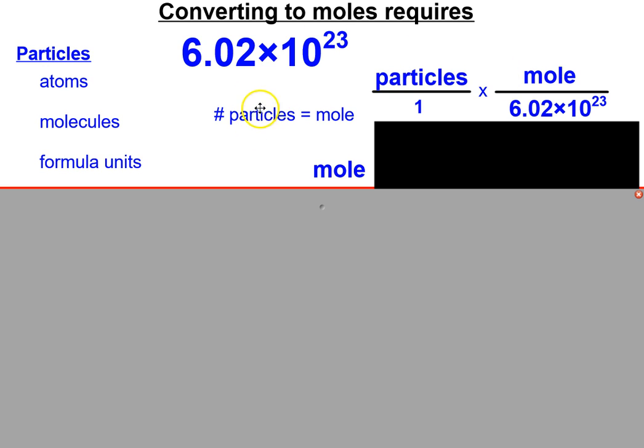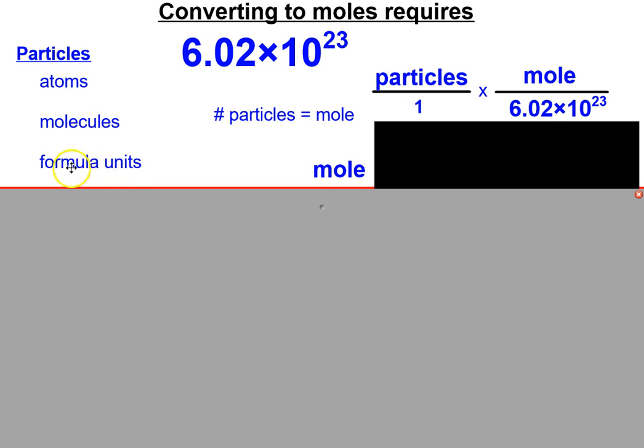So the equality is 6.02 times 10 to the 23rd particles are equal to 1 mole. And this could be atoms, molecules, or formula units. Formula units, if we're talking about a situation where you have an ionic compound in a crystal structure, but that crystal structure is not a big molecule.